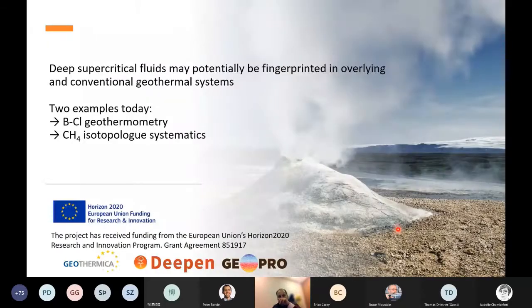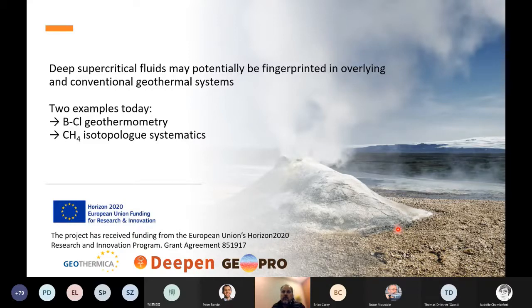So to sum up, we are trying to somehow fingerprint deep supercritical fluids that are found below conventional geothermal systems by studying the well discharges at surface.